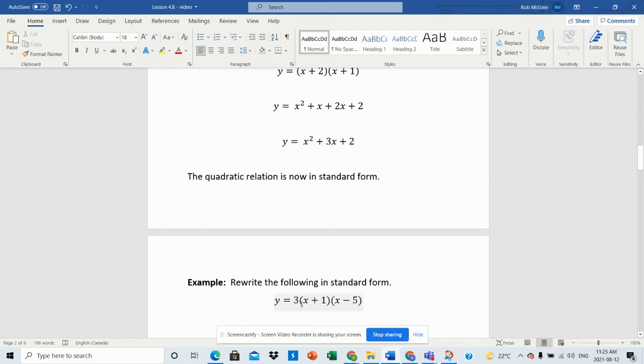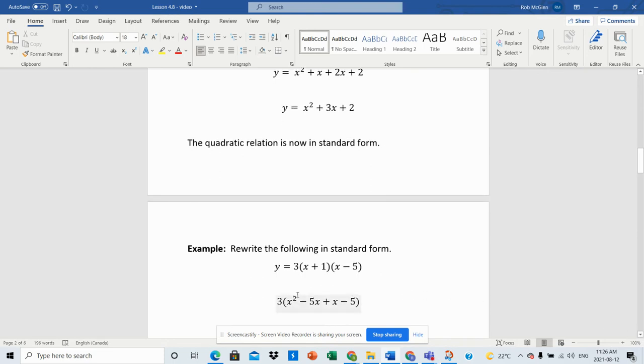You can either use the distributive property and multiply 3 by x plus 1, and then multiply the product of that by x minus 5. Or you can leave the 3 to the end and just do what we did in the previous example: multiply our two binomials first and then multiply it by 3, which is the option I'm going to do.